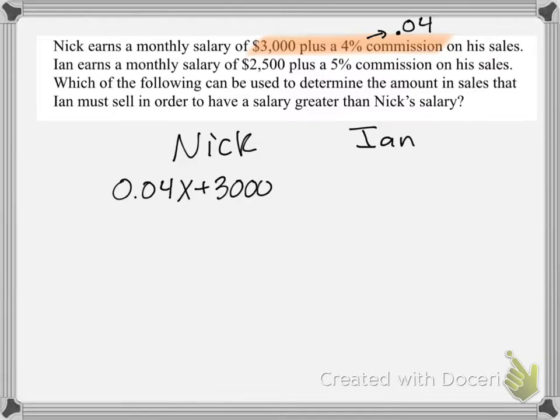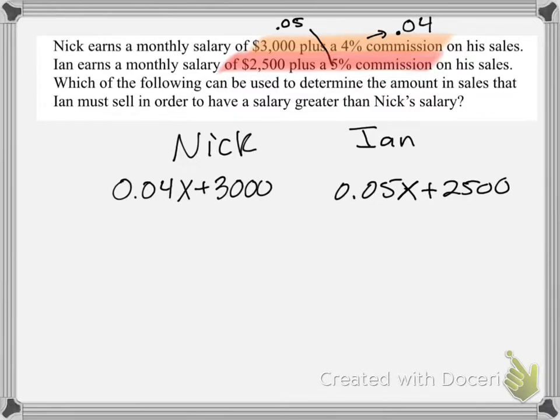And for Ian's, it's going to be 0.05, because that's Ian right here. He has 5%, so we will move the decimal 2 places to the left. So we have 0.05x plus your 2,500. Okay.